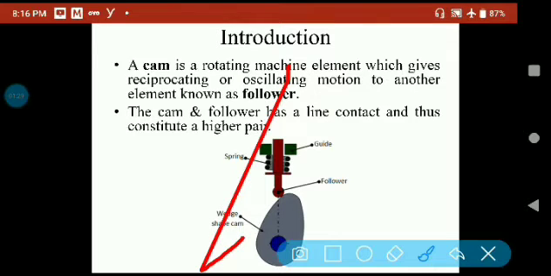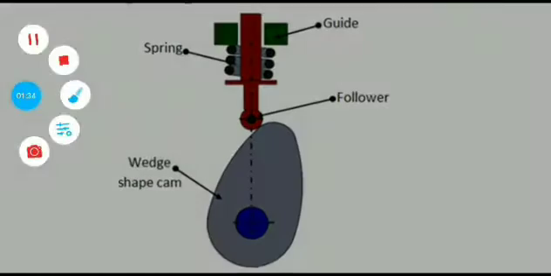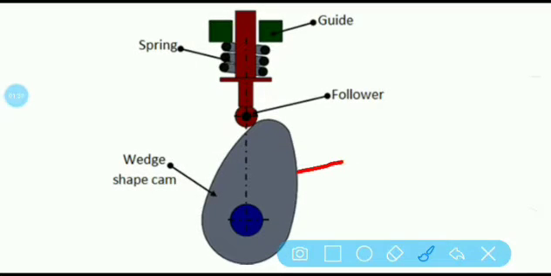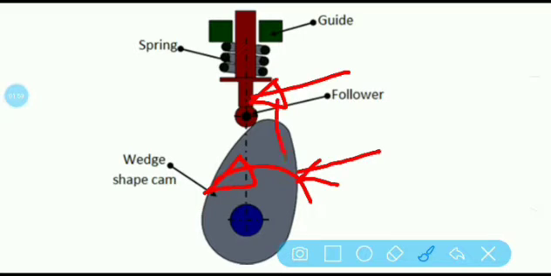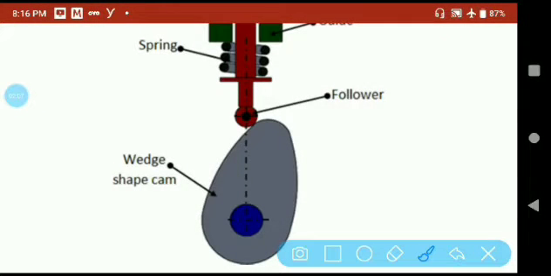This is a diagram of cam and follower. This is the cam and this is the follower. The cam will have a rotational motion, that is, the cam rotates about the center, and the follower will undergo a reciprocatory motion along its axis due to the motion of the cam.